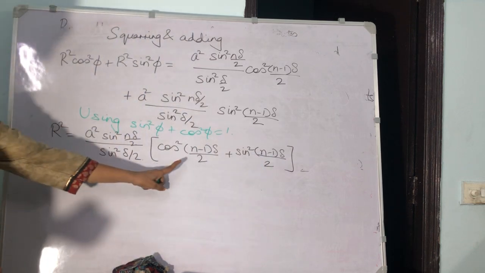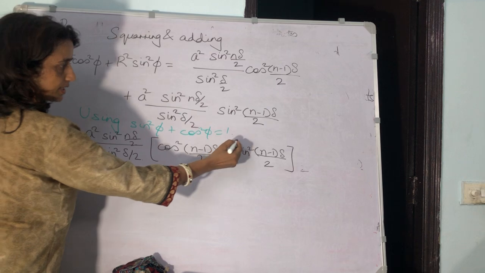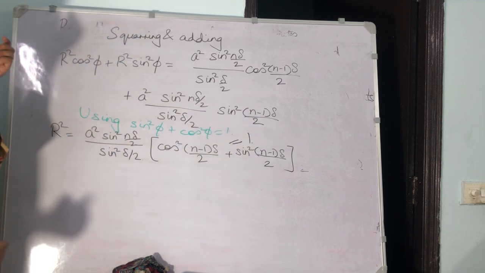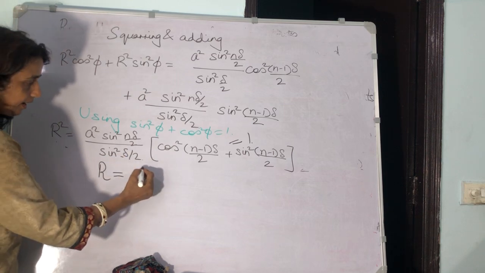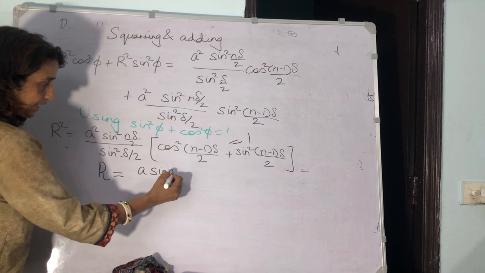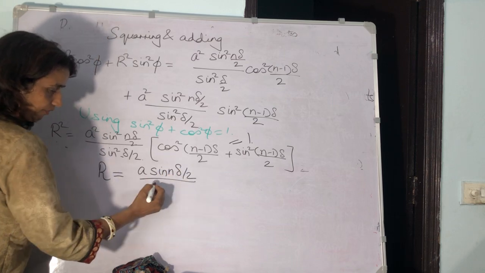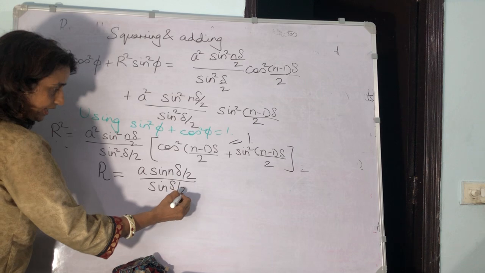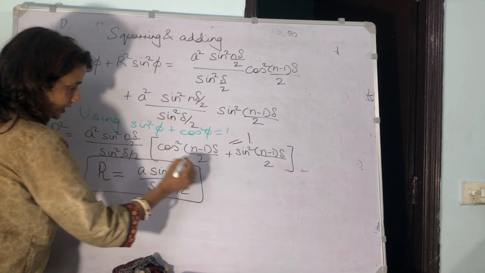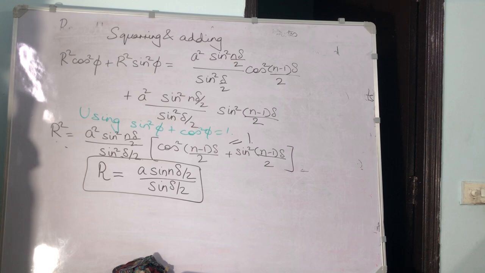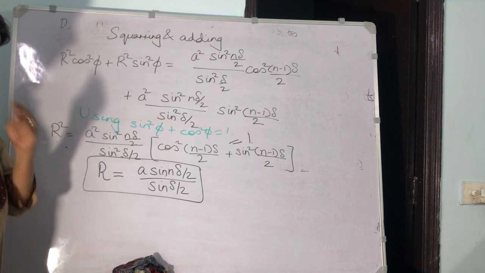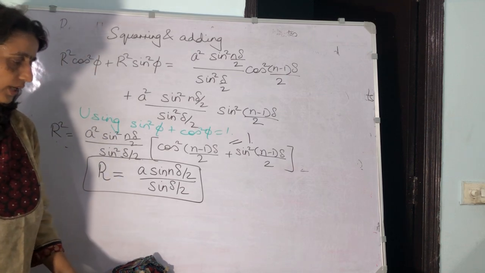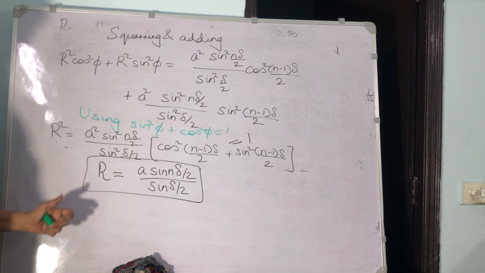Now we know that this reduces to 1, so this becomes 1. We take the square root on both sides. R is a sin(nδ/2) divided by sin(δ/2). This gives us the expression for resultant due to n number of waves in simple harmonic motion. They are of equal amplitudes and their phases are increasing in arithmetic progression.